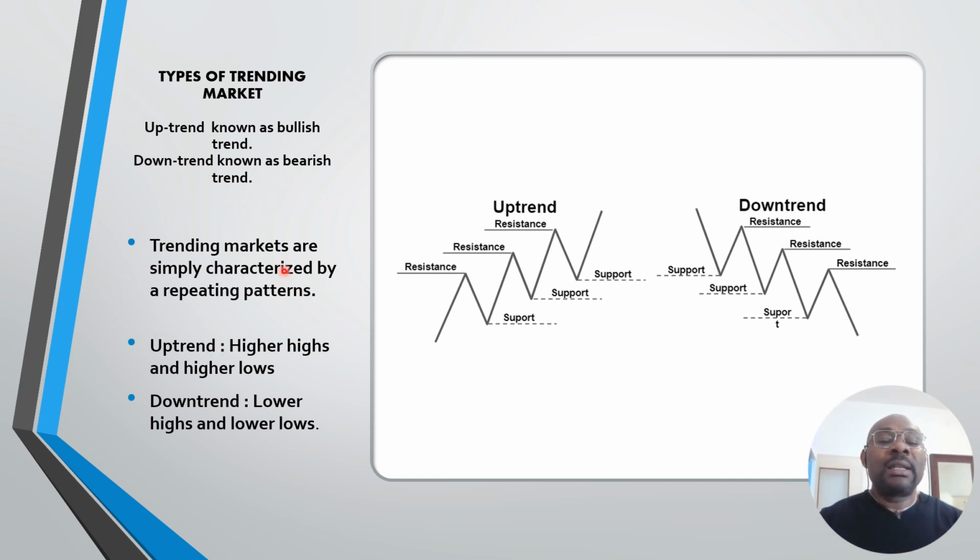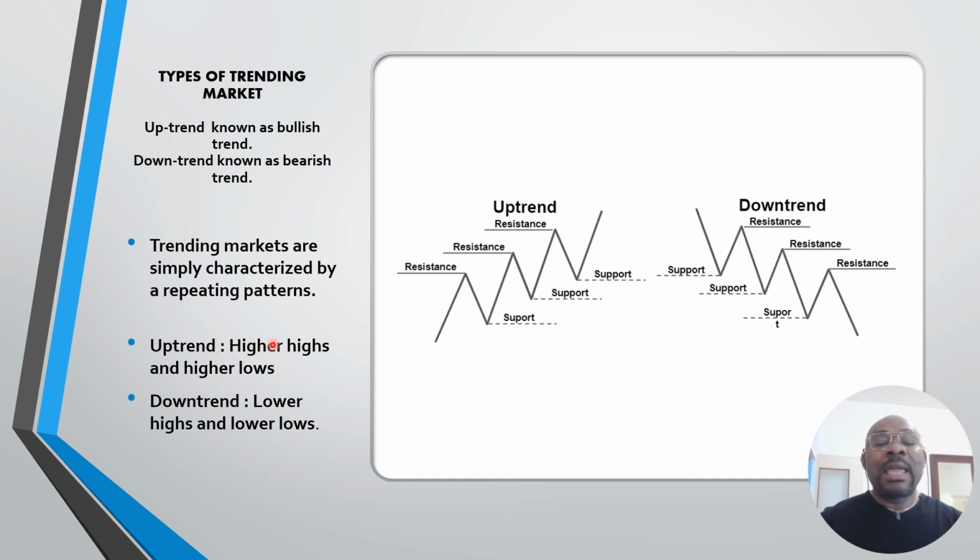Now, trending markets are simply characterized by repeating patterns. Trending markets have characters that are always repeated. Just like the uptrend, which is one of them, for you to know that the current trend is an uptrend, you have the higher highs and higher lows.